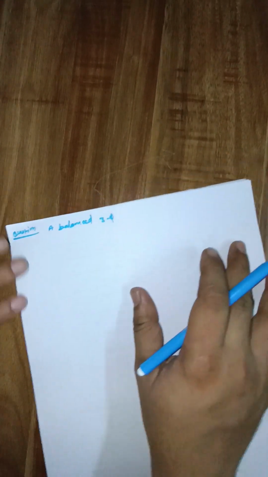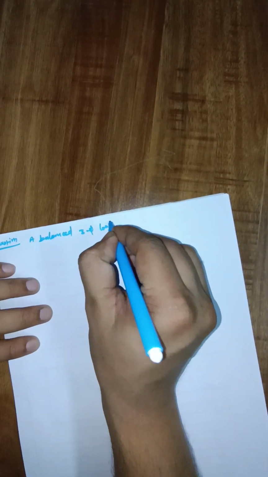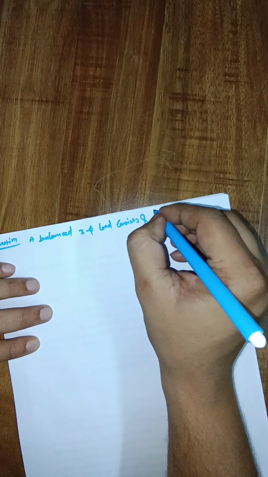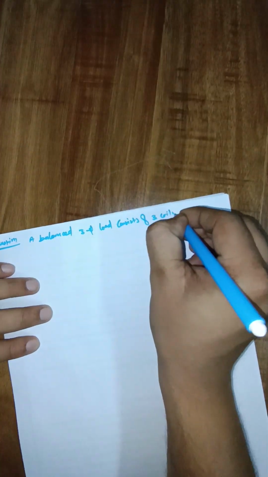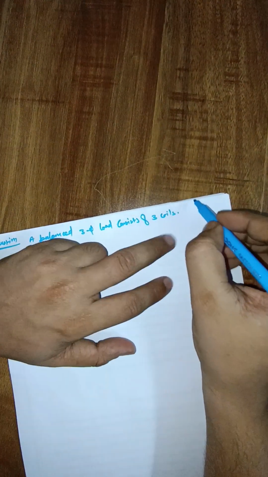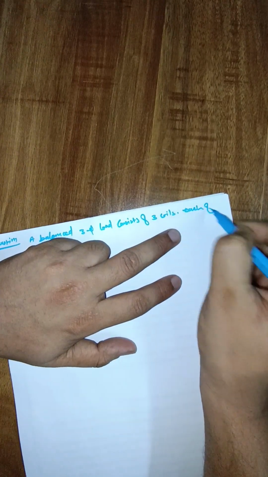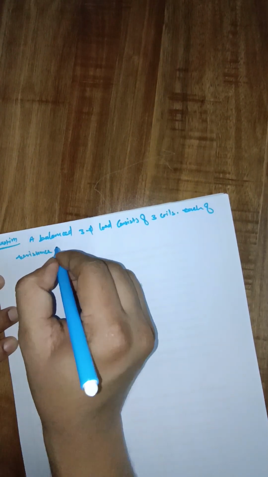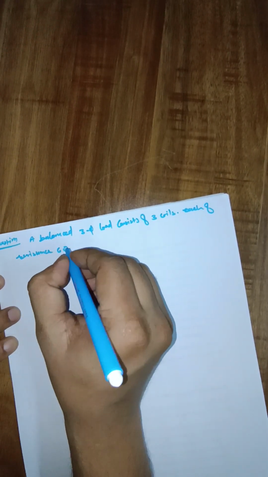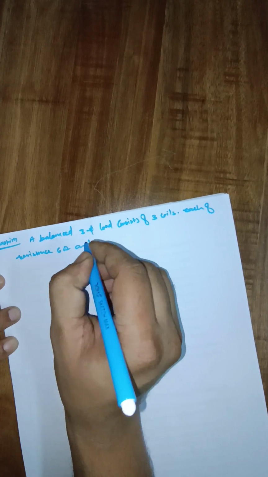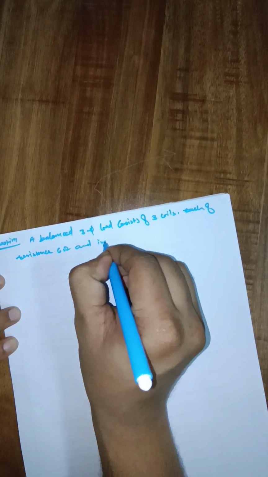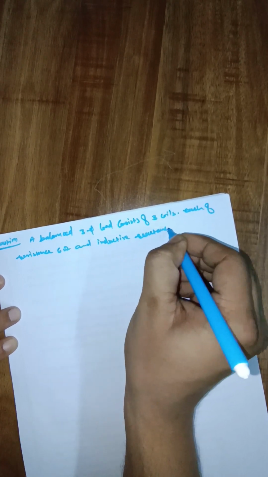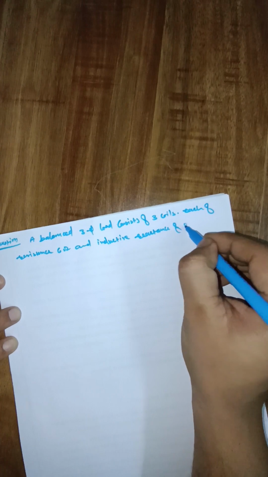A balanced three-phase load consists of three coils, each of resistance 6 ohm and inductive reactance of 8 ohm.